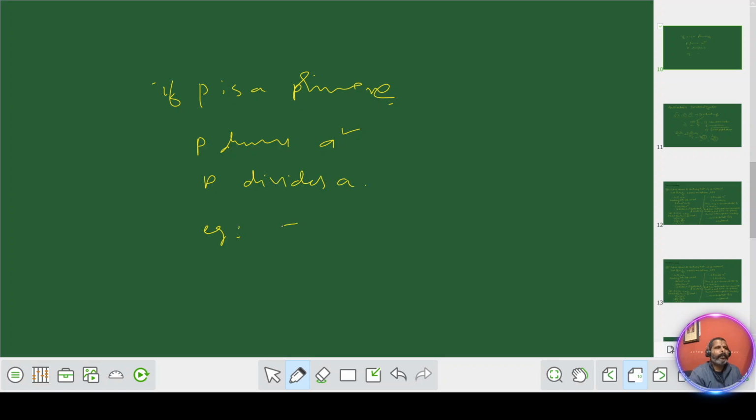Let us take an example: 5 is a prime number. 5 divides, say, 25 square, which is 625. Yes, 5 divides 625. Then 5 also divides the number 25, right?